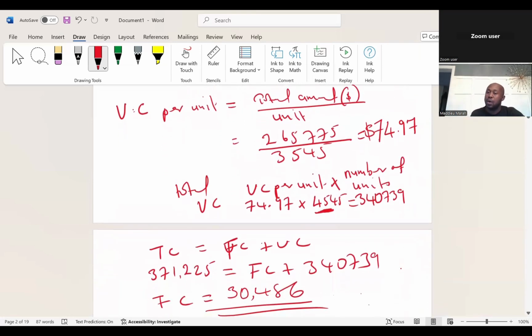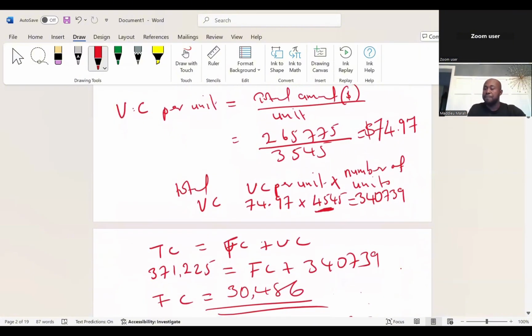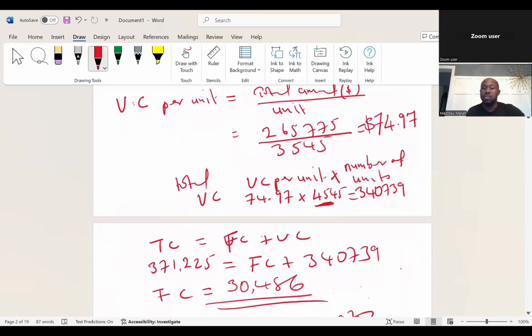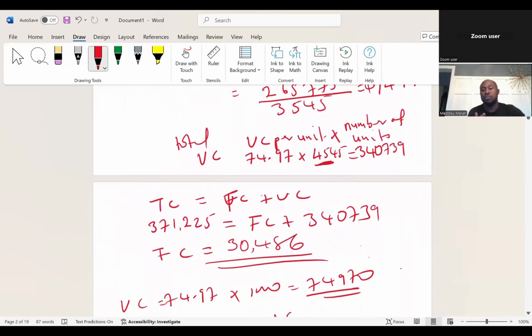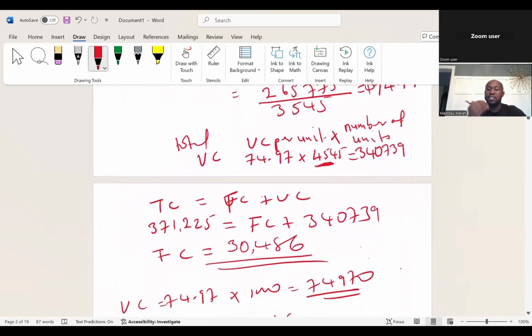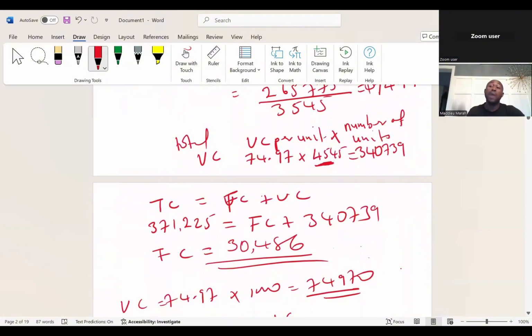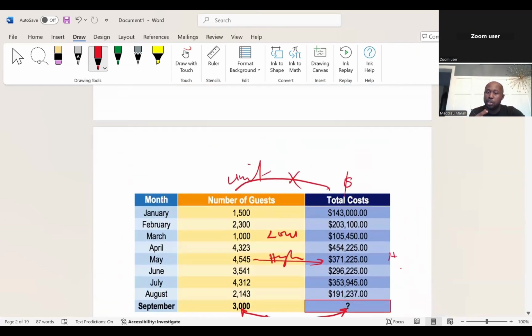Now I've got the variable cost in total. I have my total cost, so I can just substitute in the formula and get my fixed cost. Total cost equals fixed cost plus variable cost. Total cost is 371,225. How do I get the total cost? Because I use the high unit of 4545 from the question.